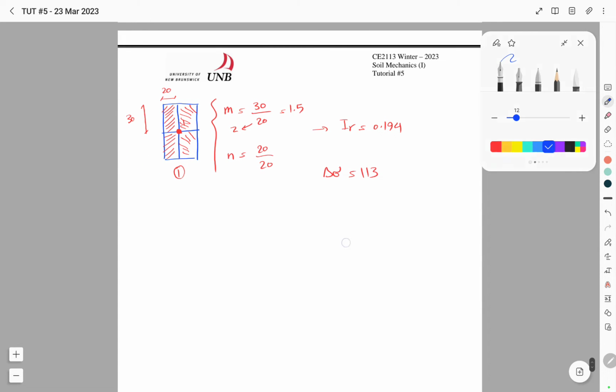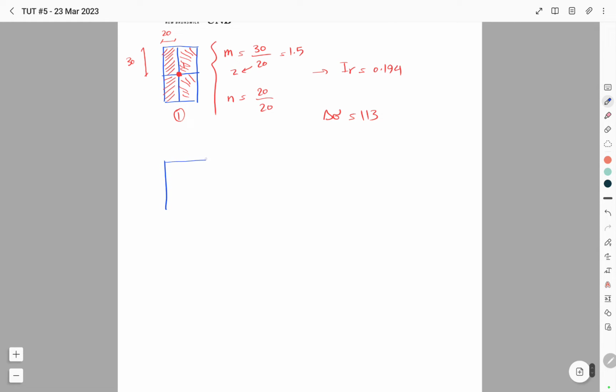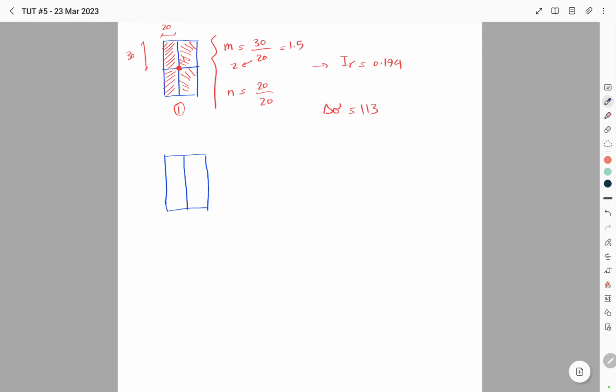For point 2, this is point 2. We have one rectangle here. We have another one here. This is 60. This is 20. So m would be 60 over 20, which is equal to 3.